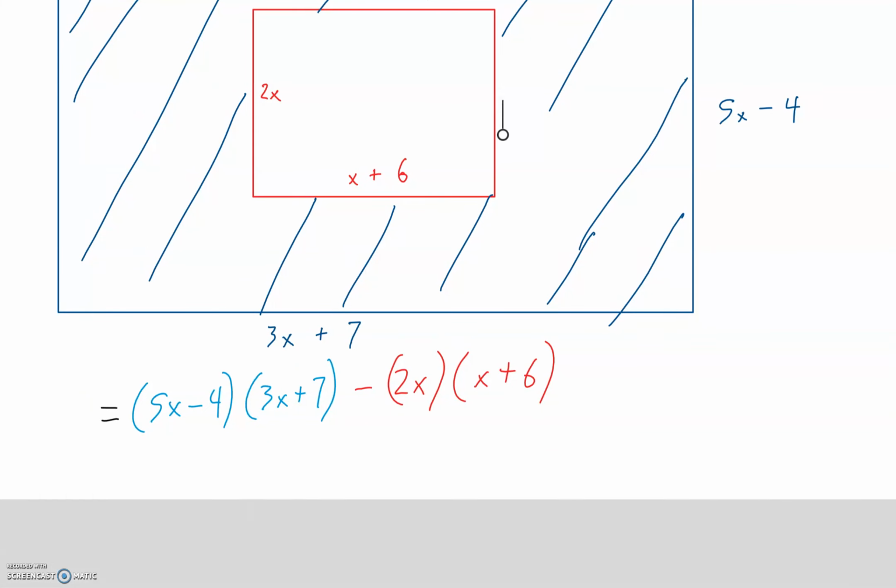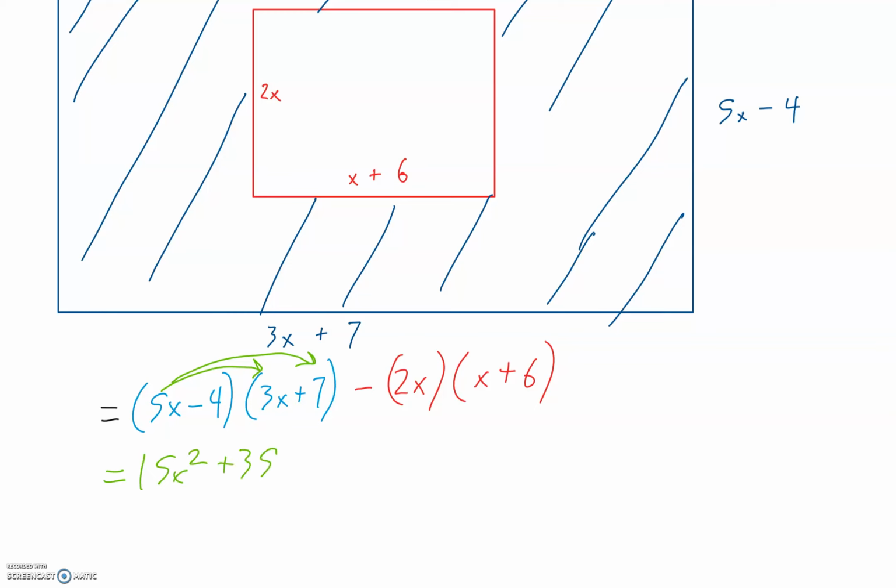So I'm just going to do this all in green really quickly. So 15x squared plus 35x minus 12x minus 28. Okay, and then over here, this is going to go inside the bracket, so minus 2x squared minus 12x.